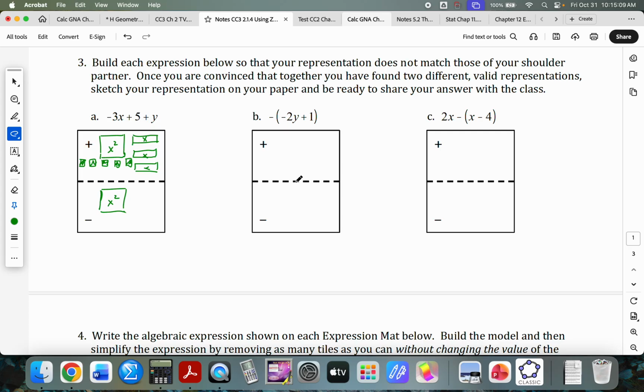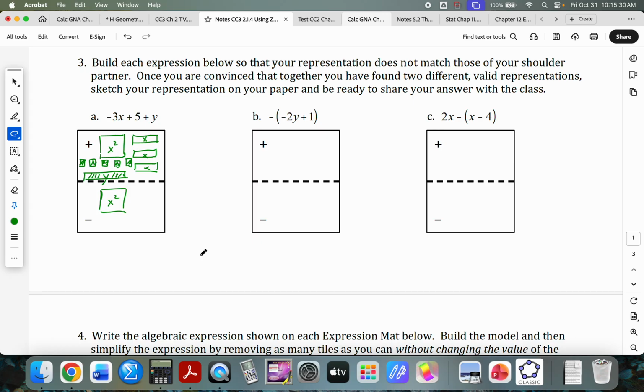And then 1 positive y tile in the positive region. That absolutely works. Any questions about the way Sam did it?